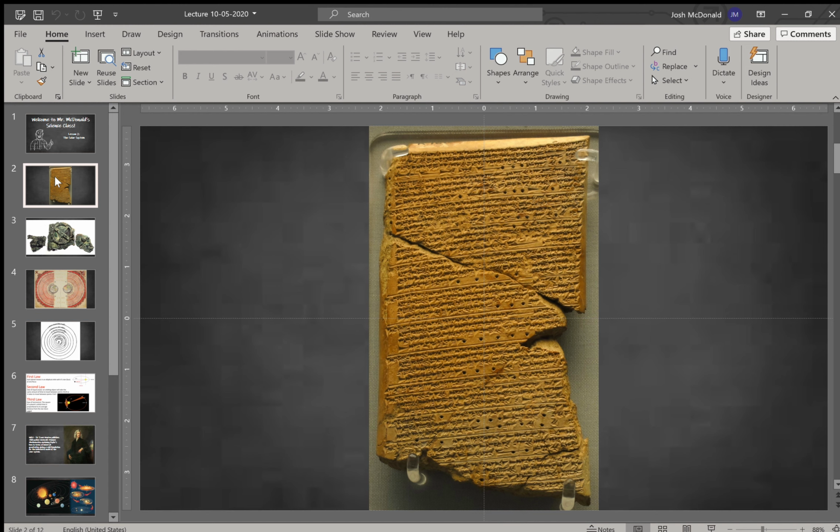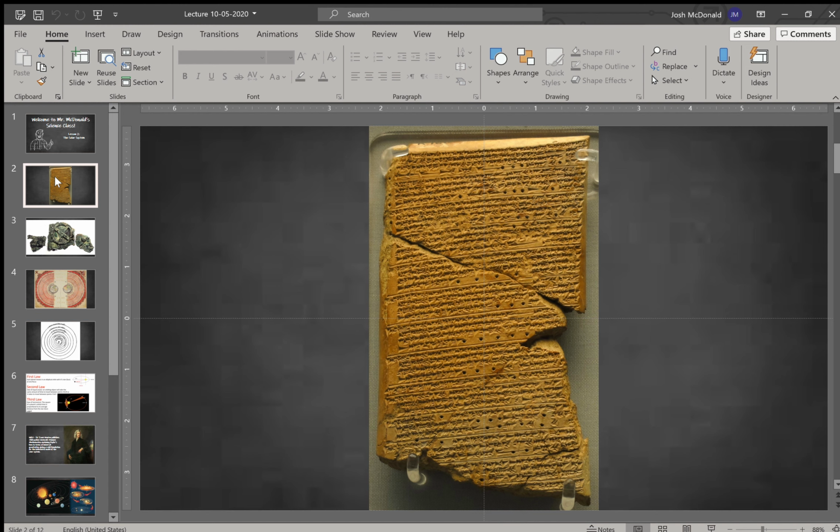But this is a record of the movements of the planet Venus. And you see it's a very old tablet. It's written in cuneiform, but it's pretty accurate for its time. This just gives you an idea that us looking to the stars and noticing these movements is nothing new. It goes back so many thousands of years.